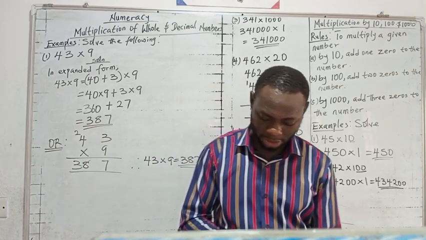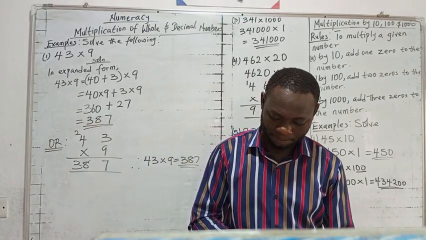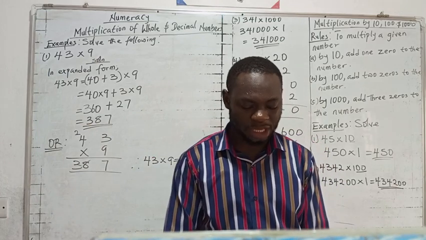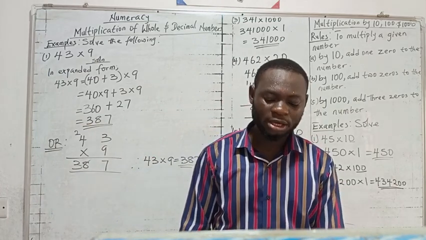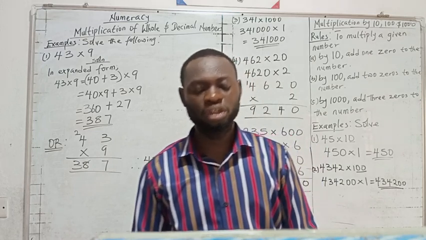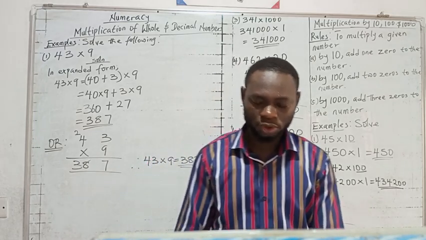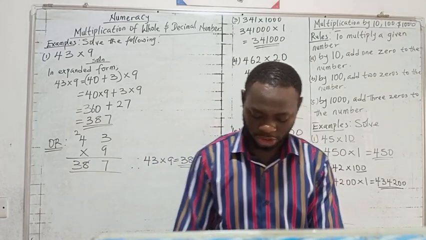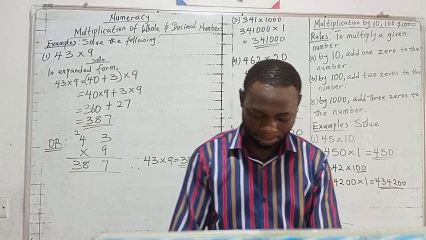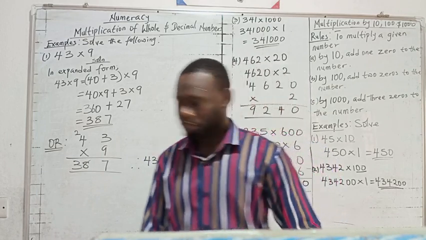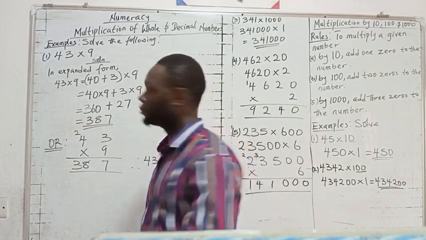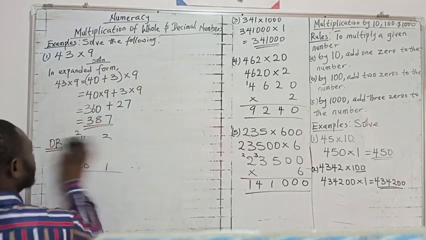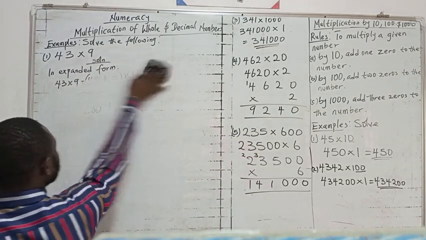Let's see what I'm talking about. This is mostly applicable when you multiply a decimal number with a number that has more than 1 digit. Alright? So, okay, let me clean this. Let's look at this.